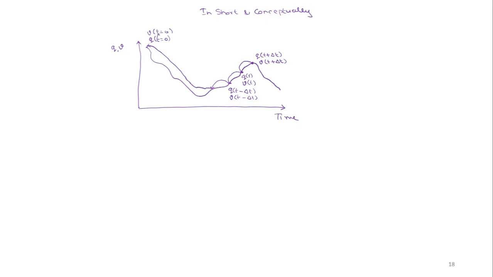From these, the subsequent velocities and coordinates can be calculated all along the course of your trajectory. So in other words, we would require some initial conditions. These are called initial conditions. We would require this initial condition to begin your MD simulation.